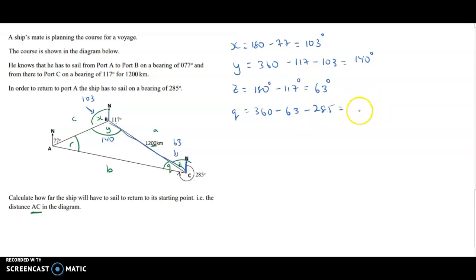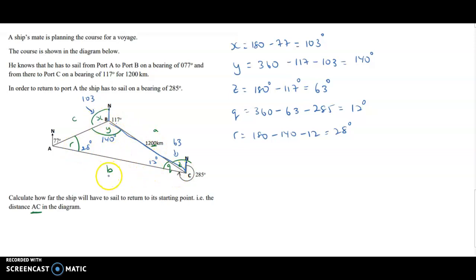And that takes me to 12 degrees. So I have my second angle here for my triangle. So this is 140, this is 12. So then obviously R will be 180 minus 140 minus 12. R will simply be 28 degrees. So now everyone, I have all three angles of my triangle ABC.